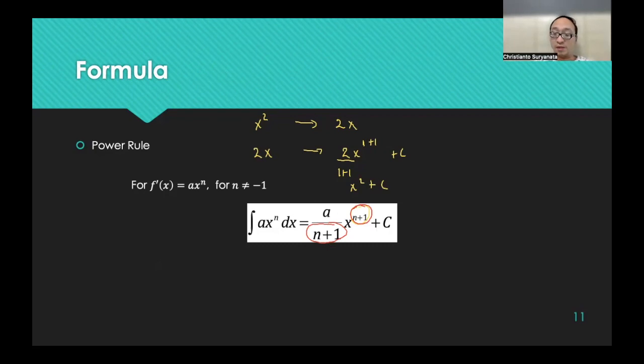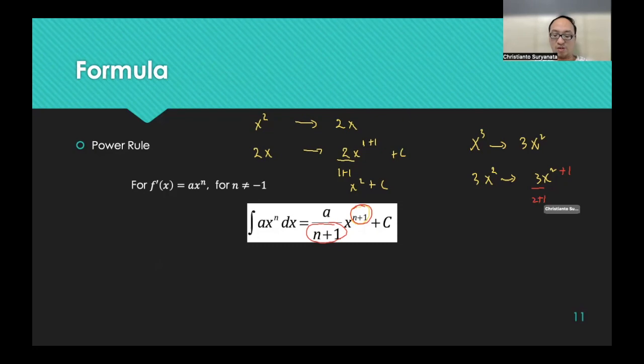Another example, x cubed. When you derive it, it will become 3x squared. So when you want to reverse this process, take 3x squared, add the power by 1, and then divide by the new power.